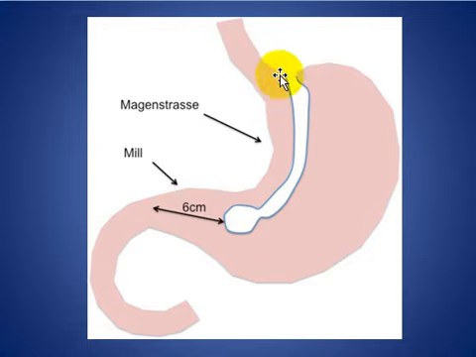As we see here, we have the Magenstrasse, and this is the esophagus, and this is the lesser curvature, and there is a staple line, and this is the mill. The food comes from the esophagus to the gastric tube and goes through the mill from the antrum to the duodenum. And here we see this is the excluded stomach.